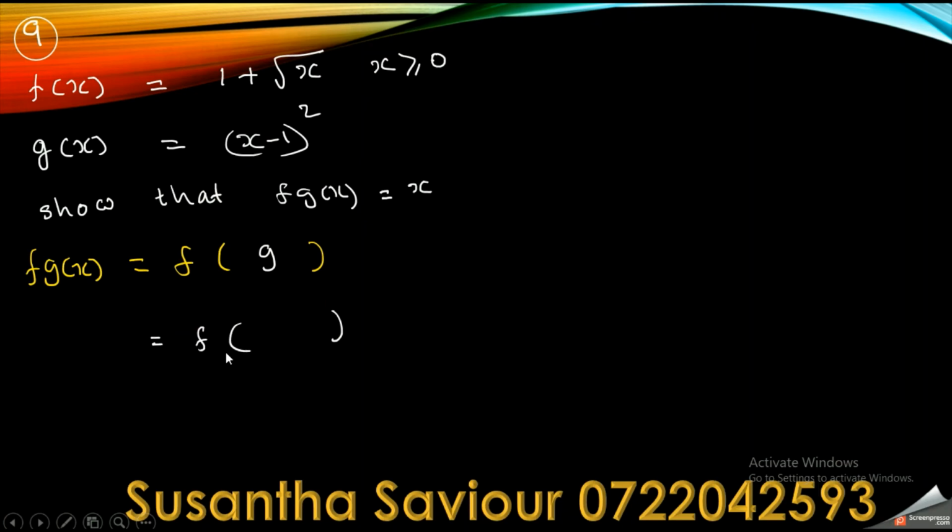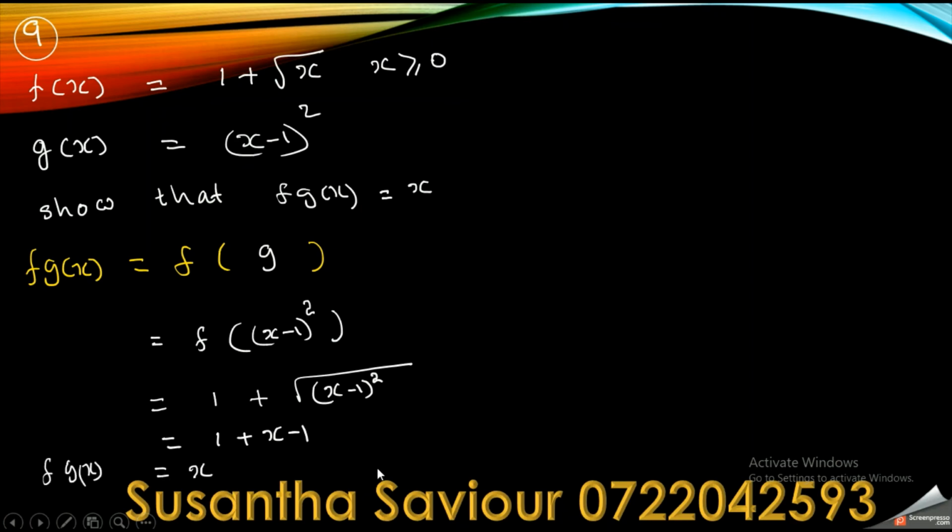So in the function f you apply g, which is (x minus 1) squared. So 1 plus square root of (x minus 1) squared. So this is equal to 1 plus x minus 1, which is equal to x. So we have proven, right?